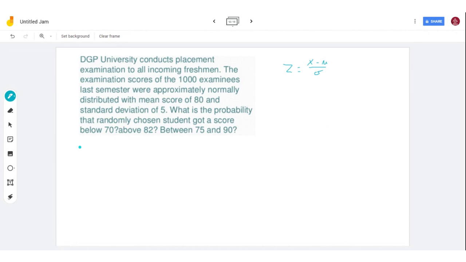So, probability of x is less than 70. We'll do that first. And that's what this amounts to. It's probability. Everything underneath that curve is 1. So when we're calculating this area, we're calculating probability.